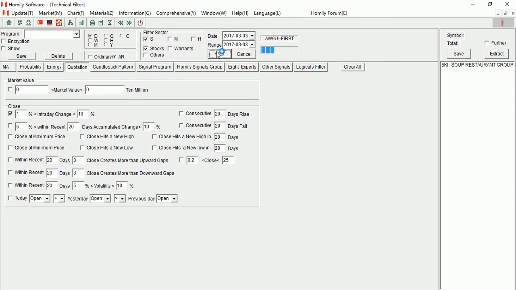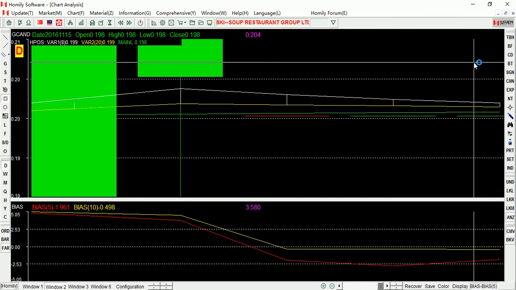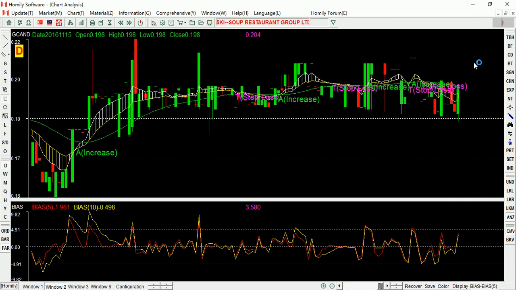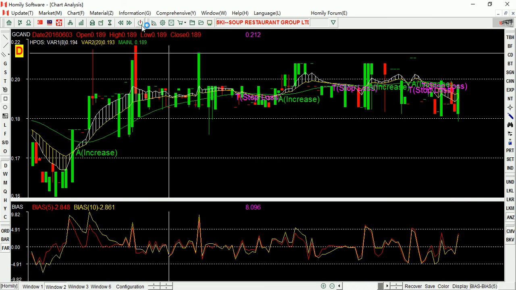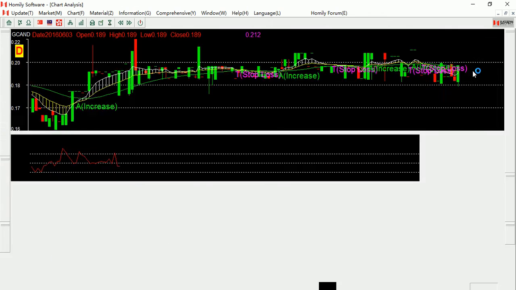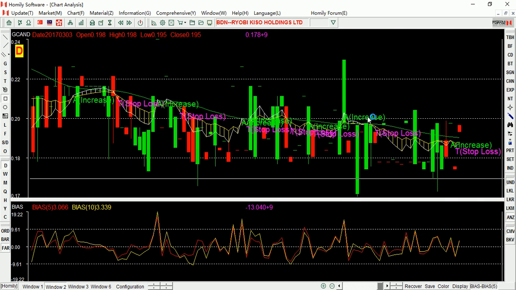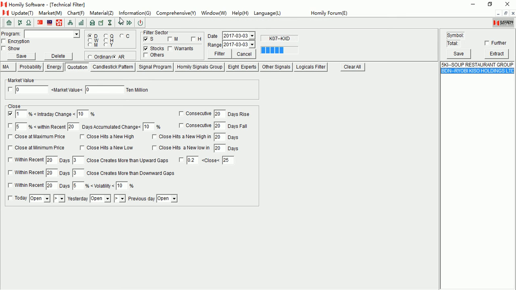Yes, higher than yesterday. So it doesn't include the buyer's lines, right? You still have to open the window and match it. Then we see this one. This one is up, but the chart pattern is not good. After filtering some stocks you should check which one is better.